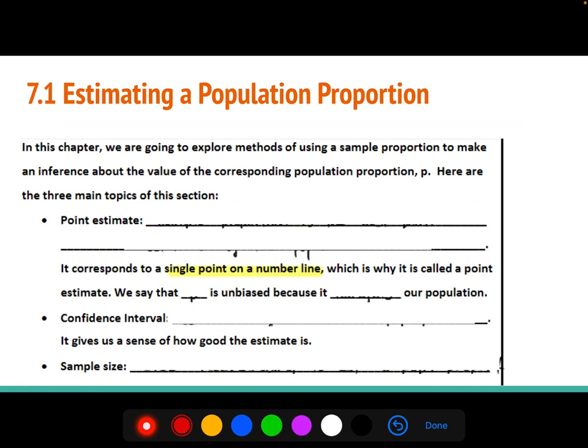The point estimate, we call that the sample proportion. Is the best estimate of the population proportion.